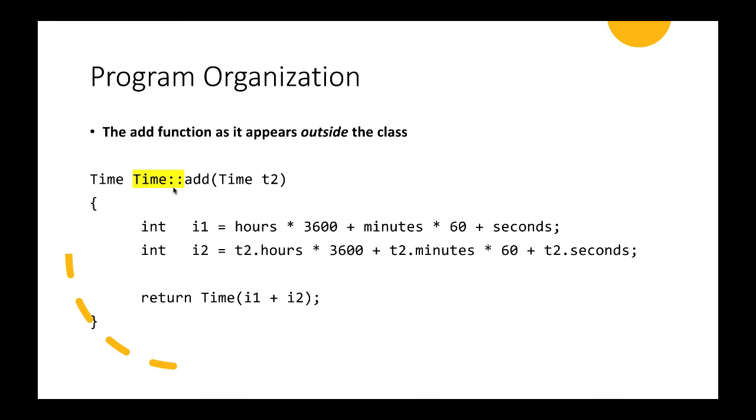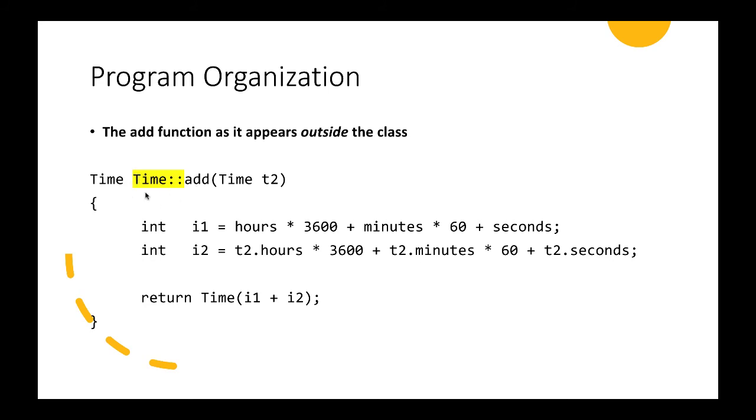The two colons here are the scope operator, and we're saying scope this add function back to the Time class. As long as you have a prototype or a declaration of that function within the Time class, this will work just fine.